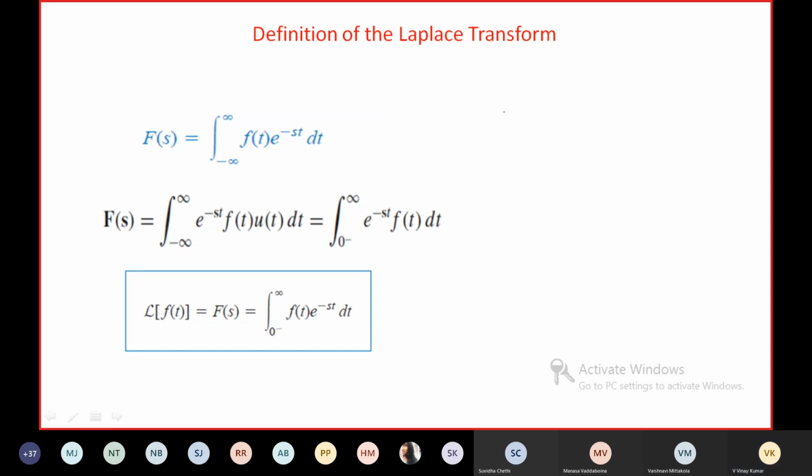Here, f of t. This is F of s. F of t is in the time domain, a time domain function.